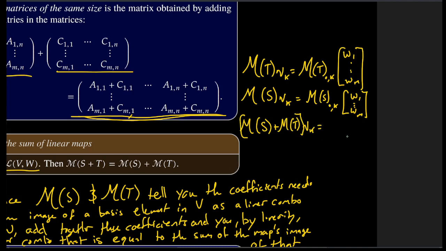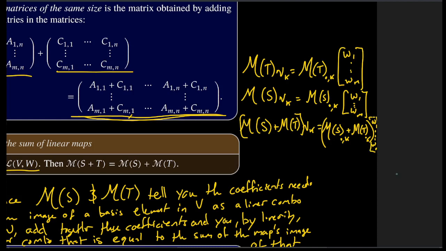What you get back is the kth column going down, and it's going to be exactly the same thing there. I'm going to run out of room. So this is MS's kth column plus MT's kth column, and then w1 on down through wm.